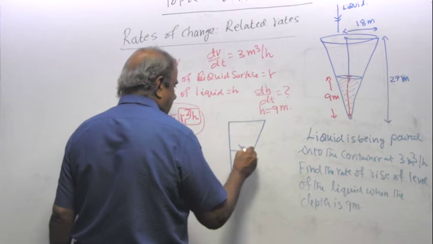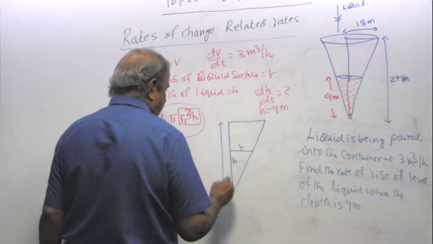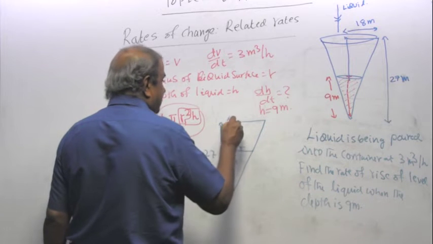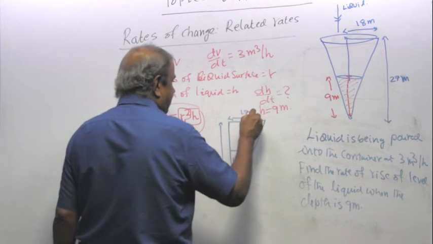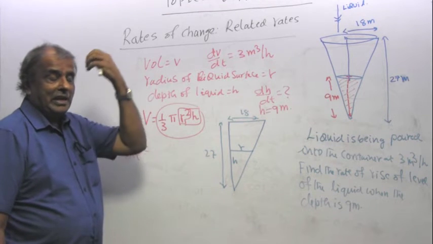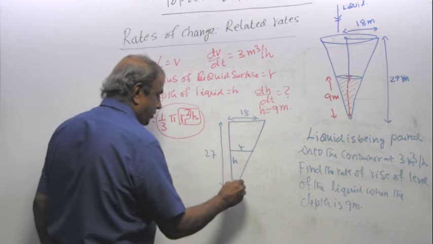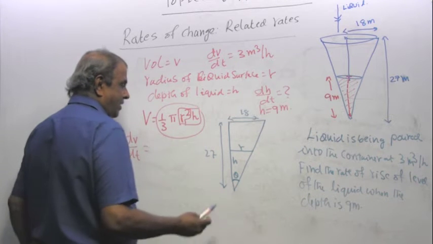This is R, that is H, that is 27, that is 18. If you forget basic similar triangles, use trigonometry. Suppose I call this angle theta.